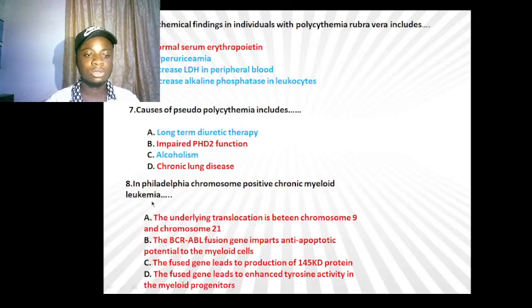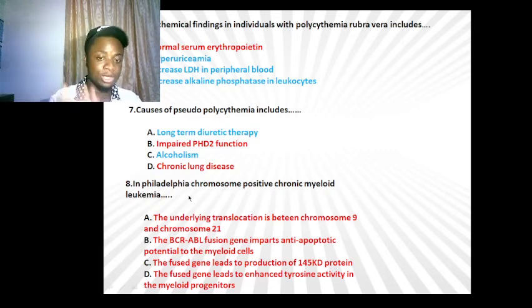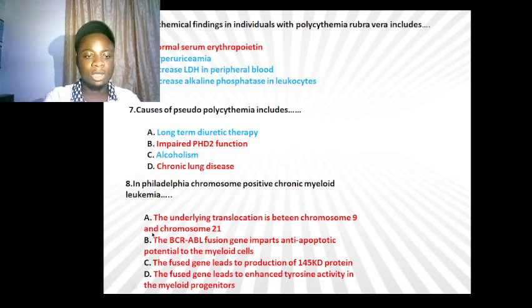So in Philadelphia chromosome positive chronic myeloid leukemia, you are saying a patient who is Philadelphia positive chronic myeloid leukemia, okay? A, the underlying translocation is between chromosome 9 and chromosome 21. It is false.